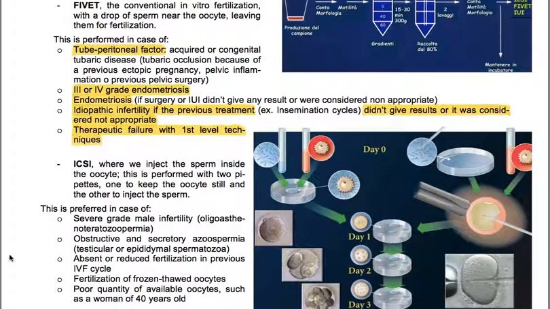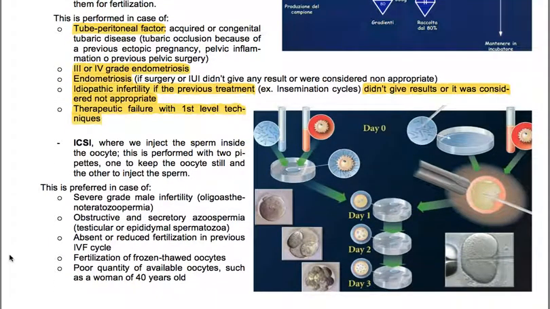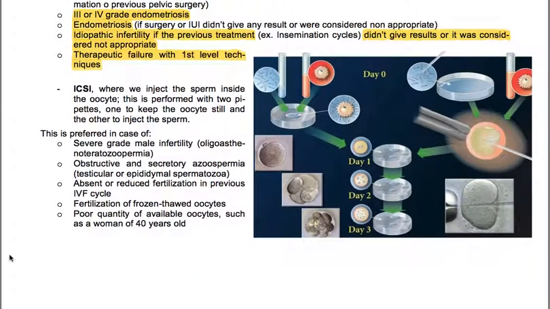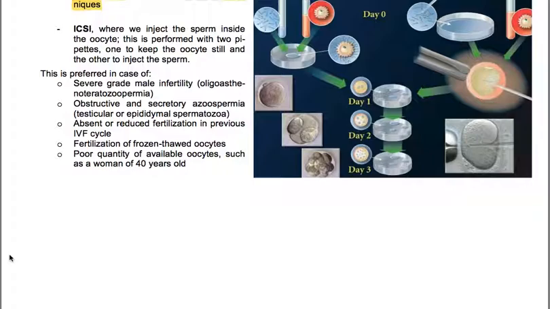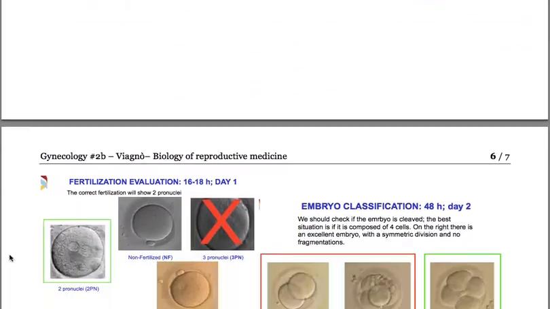This is preferred in case of severe grade male infertility, oligoasthenoteratozoospermia, obstructive and secretory azoospermia, so testicular or epididymal spermatozoa, or absent or reduced fertilization in a previous in vitro fertilization cycle, or fertilization of frozen-thawed oocytes, or poor quantity of available oocytes, such as in a woman of 40 years old.